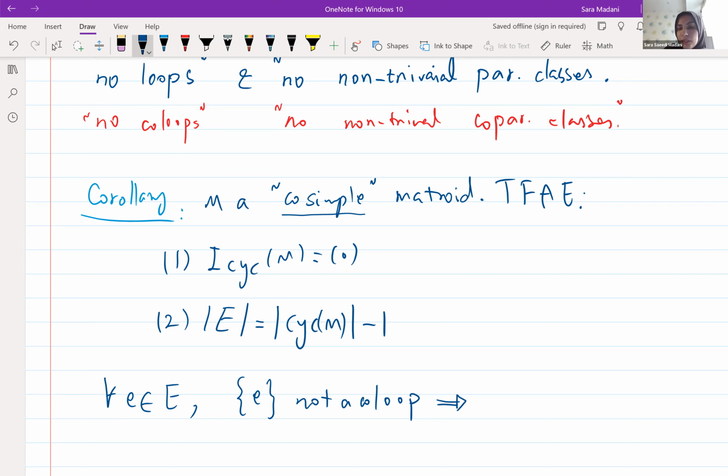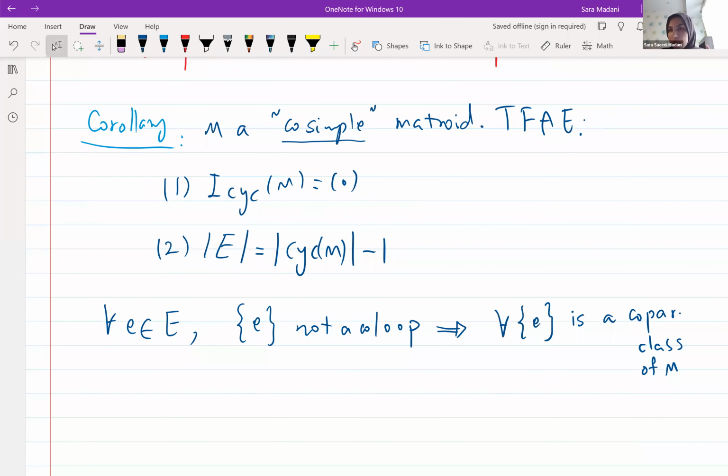And this gives us that any such set is a co-parallel class of M. And not only this, but also these are the only co-parallel classes of M, because these are trivial ones. And by co-simple, we mean that there is no non-trivial one. So they are the only co-parallel classes.